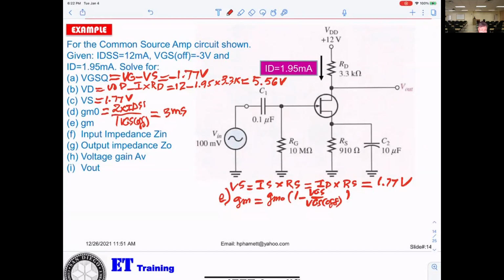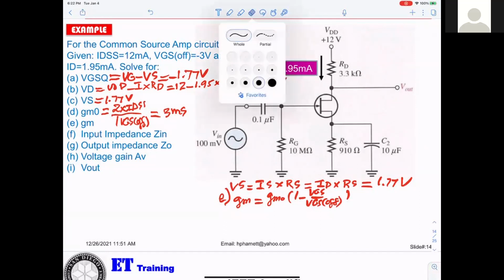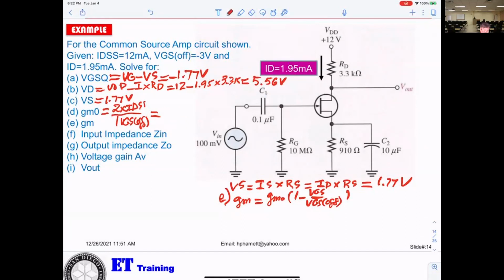I do not do the calculation. Okay, thank you. Welcome. And GM equal. You guys calculate, I'm not.